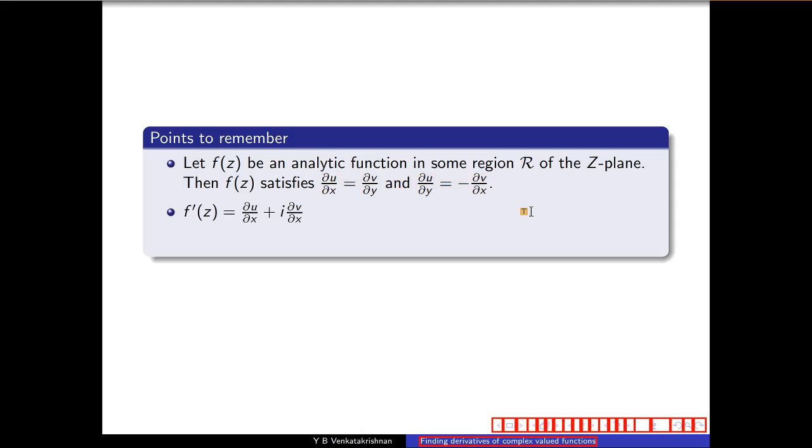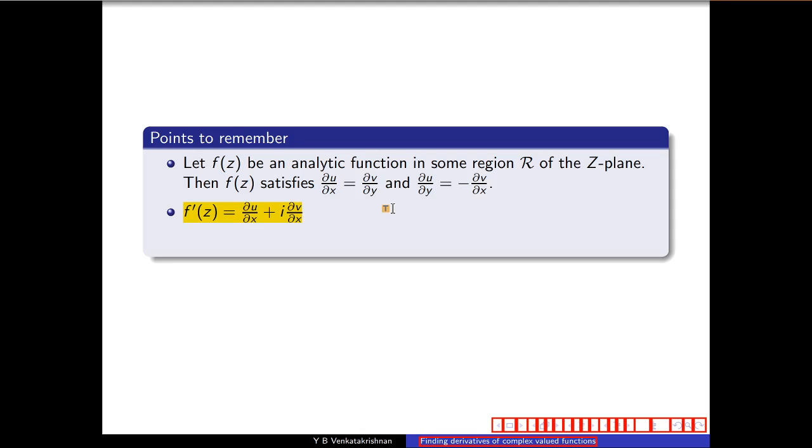And point number two that we have to remember is a formula for f dash of z. This we have been using while deriving the CR equations in Cartesian form. Namely, f dash of z is equal to dou u by dou x plus i into dou v by dou x.